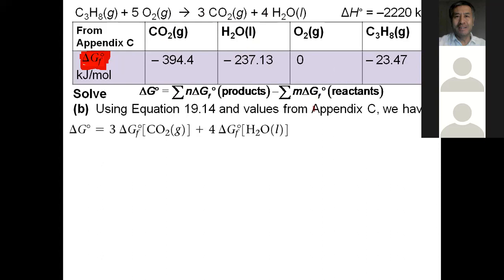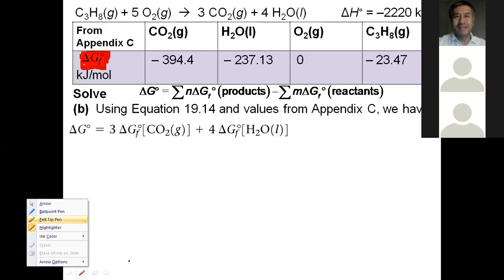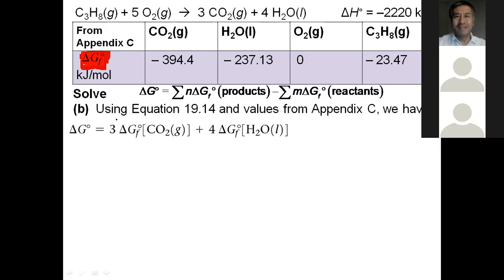So we just take those numbers: 3 times whatever the number for CO2, and then 4 times whatever the number for liquid H2O. Right now you see only 3 and 4, but when you take the coefficient from an equation, those coefficients have meaning. You can use them as 3 moles or 4 moles.